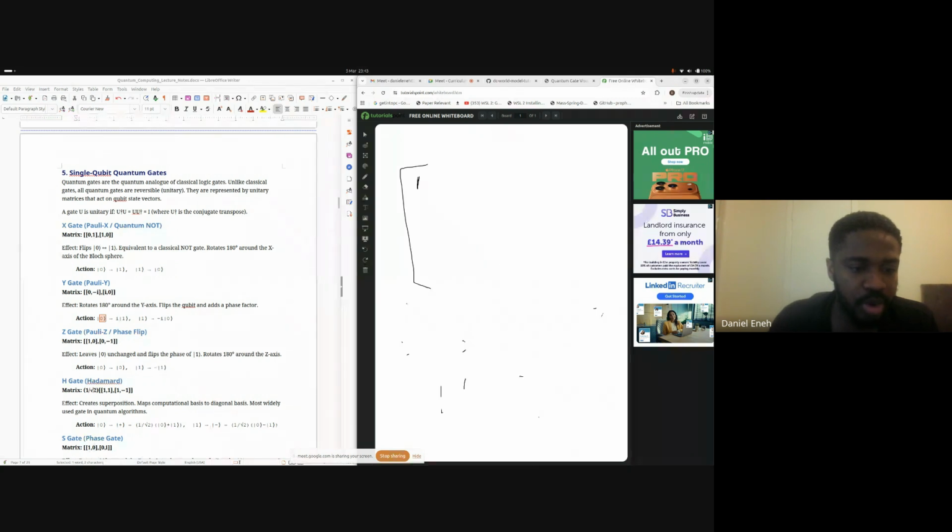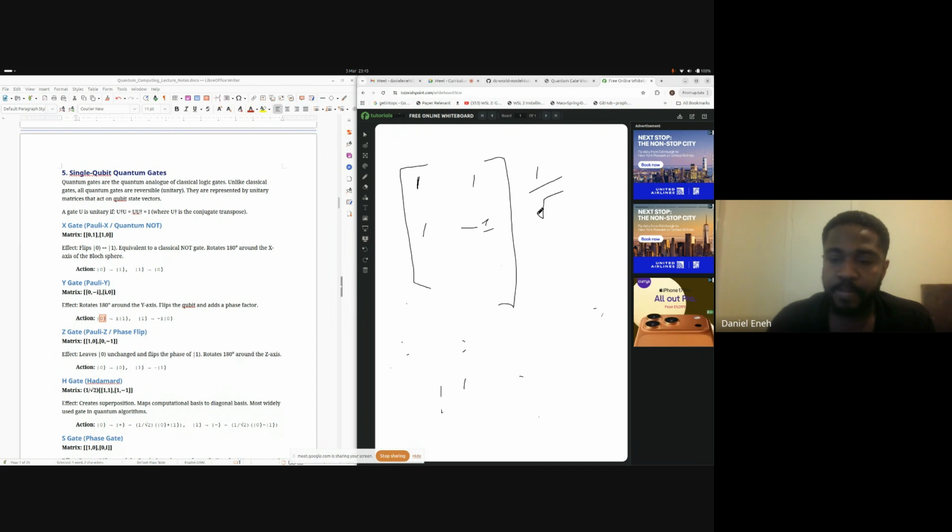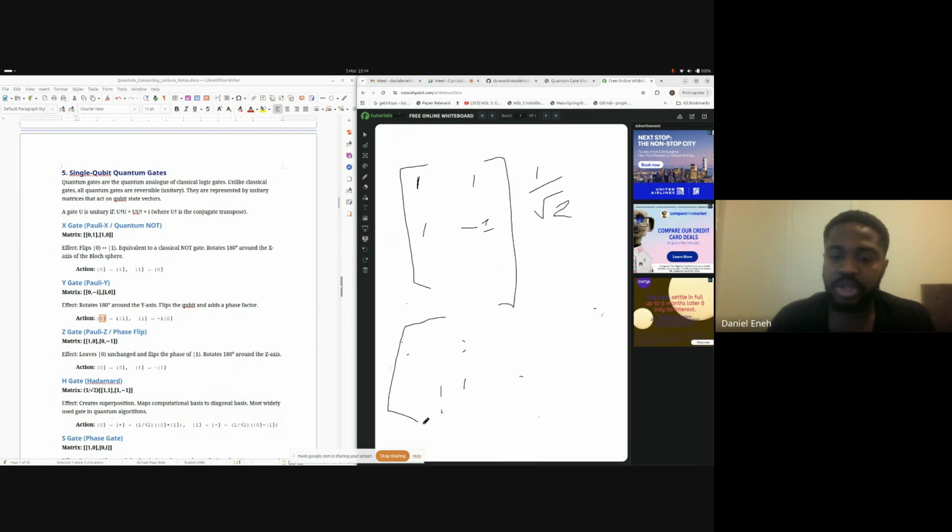It means this 1 root 2 is going into the whole square. So it's almost like, let me just make it clear so you don't get confused. This is the H gate, multiplied by this scalar. If you use your calculator, you get a decimal number which you can use. So what it's saying is you multiply it through.